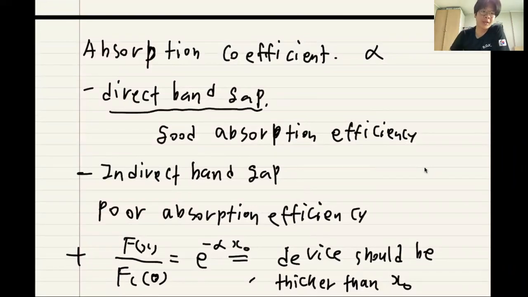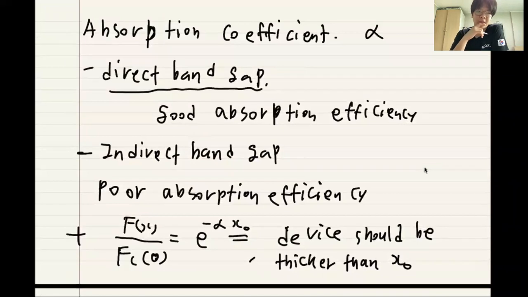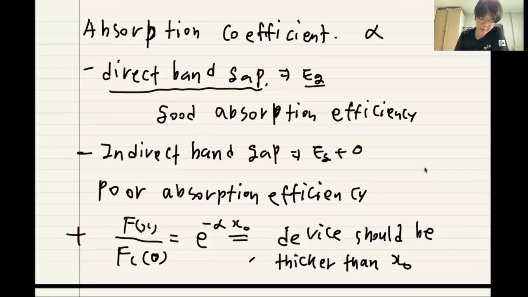With an indirect band gap, the absorption efficiency would be poor, because the amount needed to absorb is the energy band gap, and in an indirect band gap, they need extra energy.